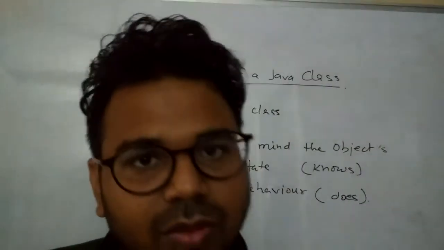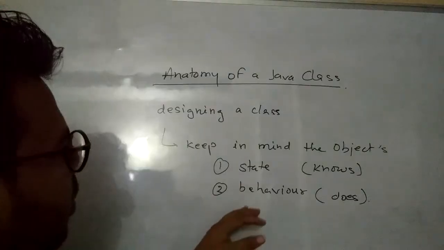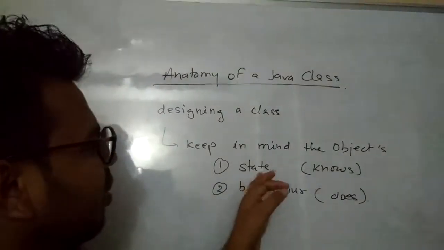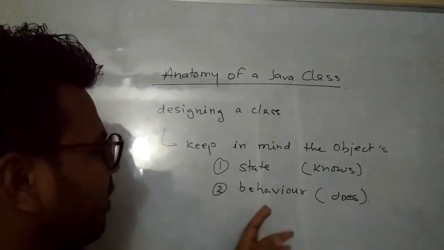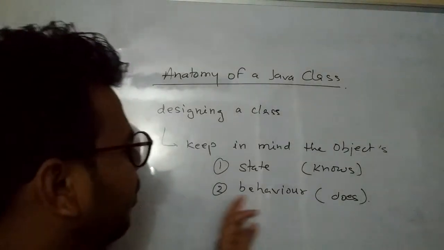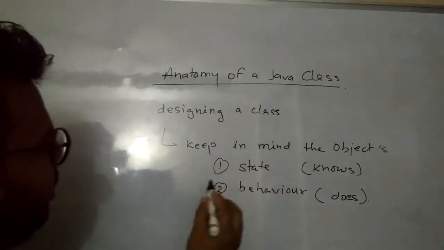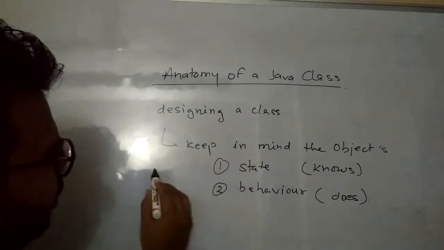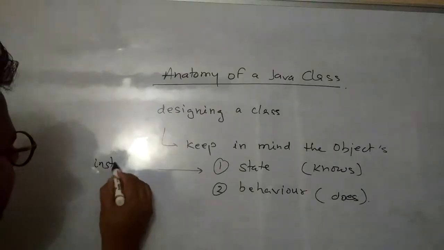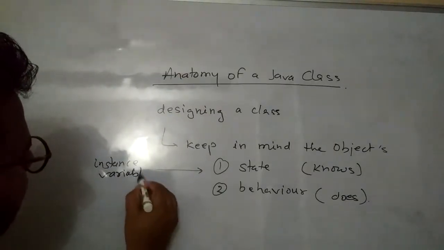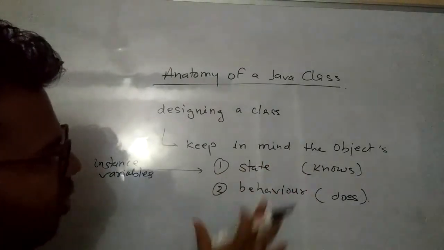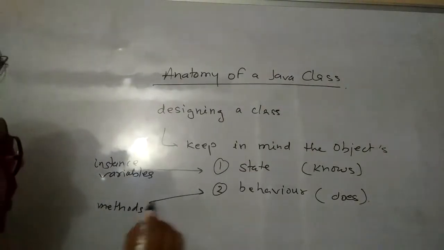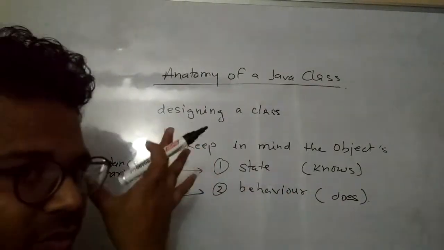I think you now have a clear idea about state and behavior. Let's see how the state and the behavior of an object are represented while designing a class. In a class, we have instance variables to represent the state of the object, and we have methods which represent the behavior, that is, what the object does.